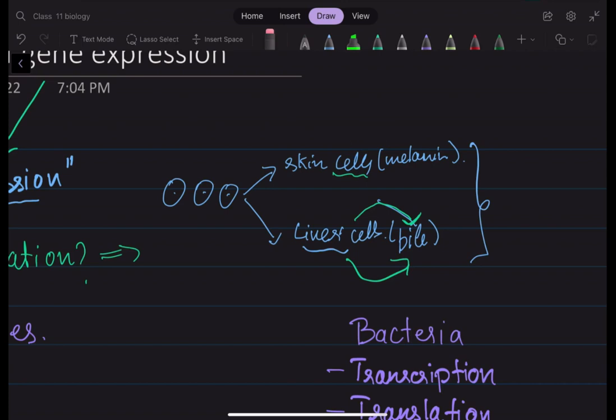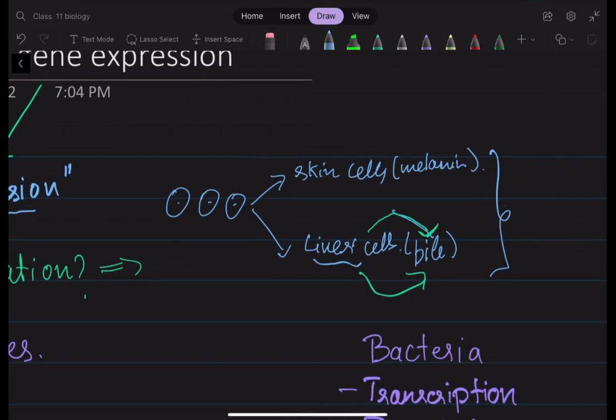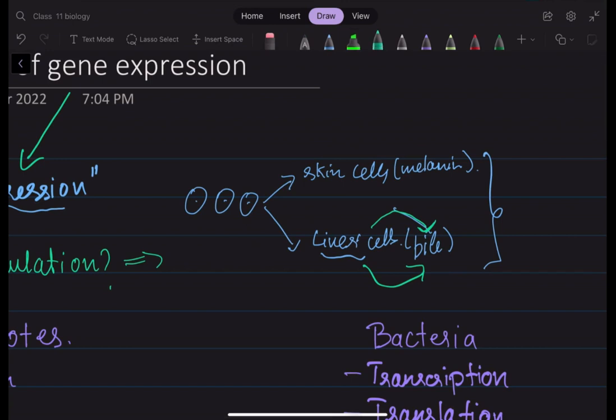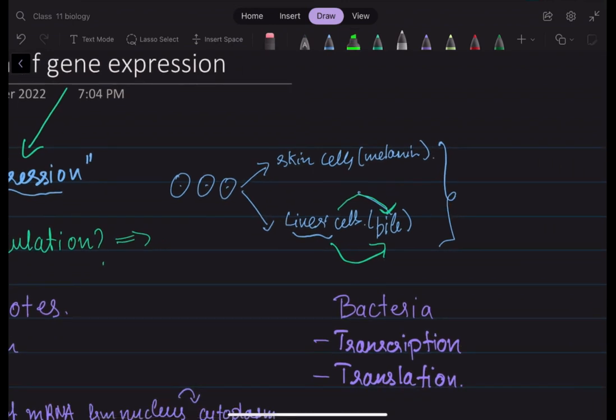So you see, depending upon the function of our cells, the corresponding gene sequence is expressed. So that is why every cell has a different function, right? So that is why our genes need to be regulated.